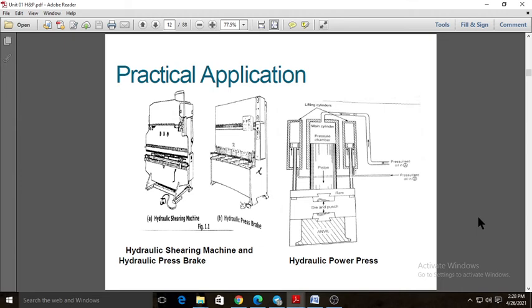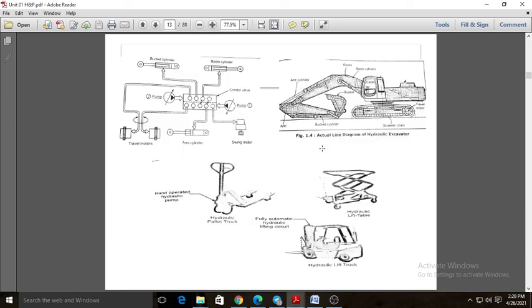Lifting and conveying devices and agricultural machineries have the application. Then there are some practical applications of this. Here you can see a hydraulic shearing machine and hydraulic press brakes. The shearing machine is used to cut metal, so for cutting this metal, we are going to use the hydraulic system. Then hydraulic power presses, you already know that in hydraulic power presses we use very high force, and this high force is produced by the compression of the liquid.